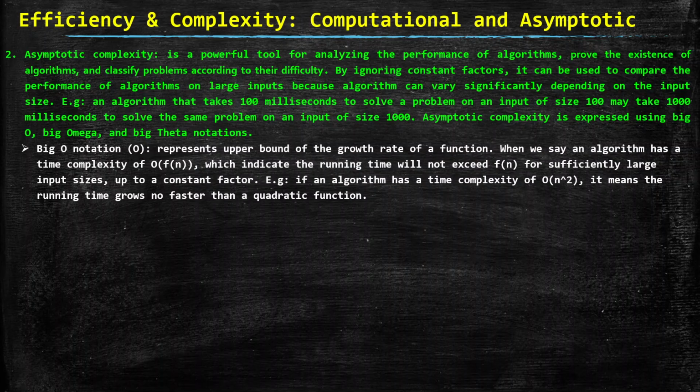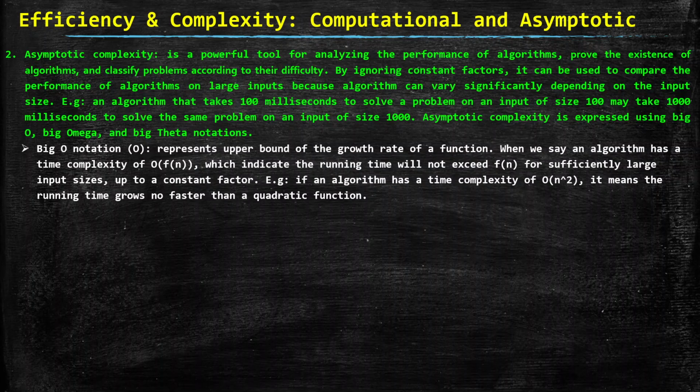So let's start. Asymptotic complexity is a powerful tool for analyzing the performance of algorithms, proving the existence of algorithms, and classifying problems according to their difficulty. By ignoring constant factors, it can be used to compare the performance of algorithms on a large input, because performance can vary significantly depending on input size, meaning as you give more inputs.